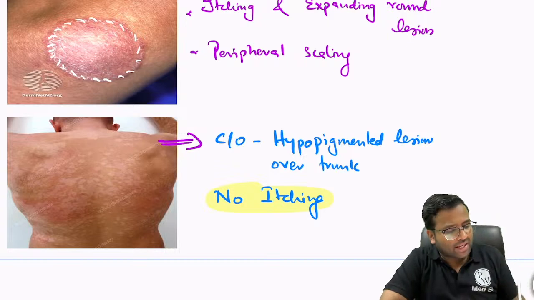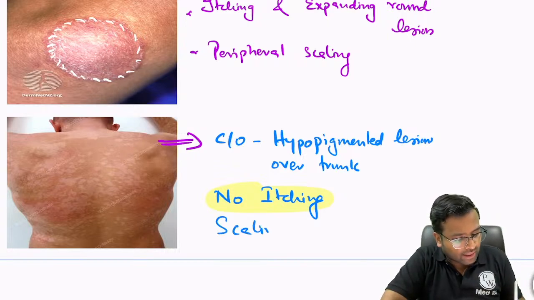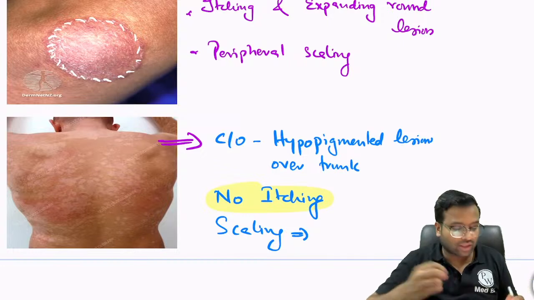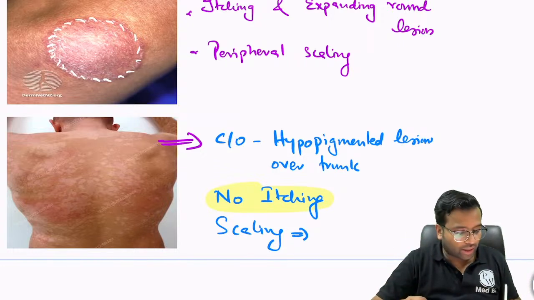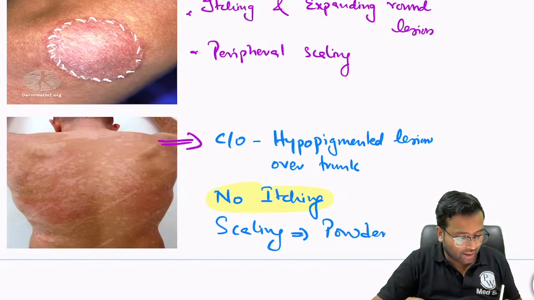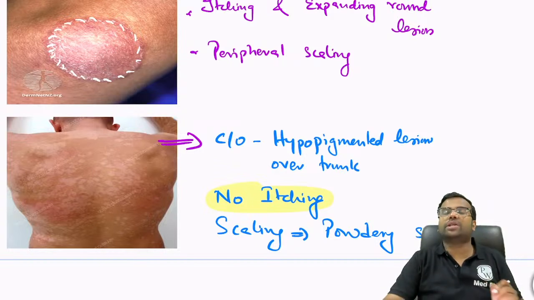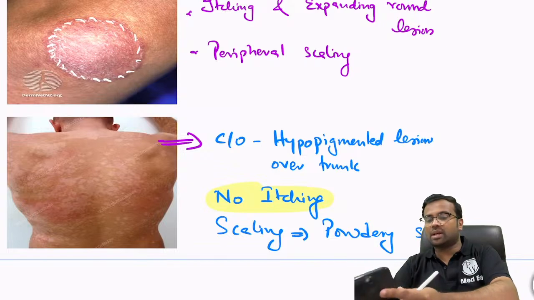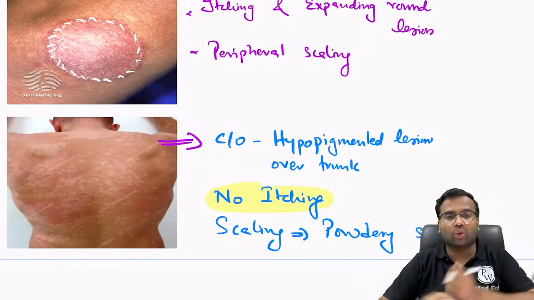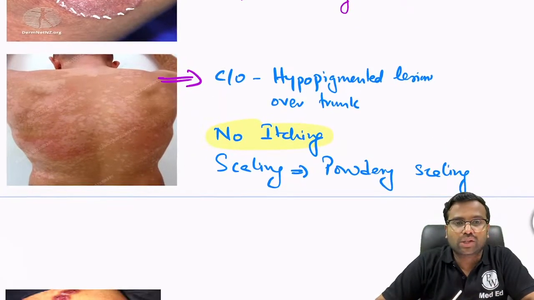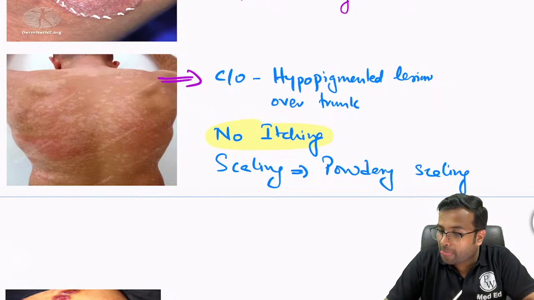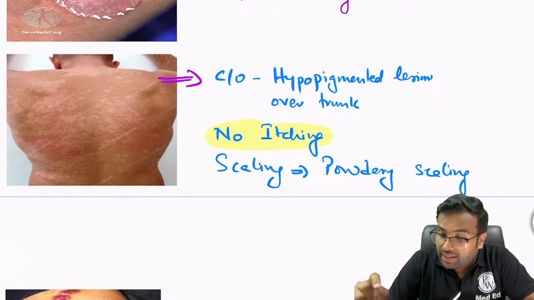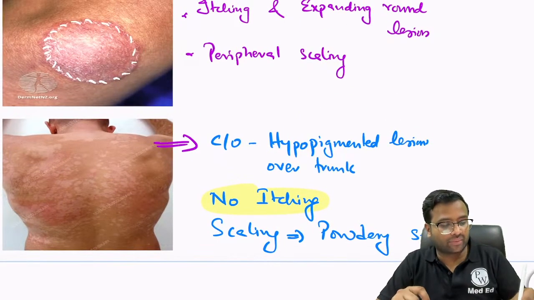Now what you can see is there is good scaling, and these kind of scaling is a fine powdery kind of scaling. Now what is this patient's diagnosis based on the clinical symptoms? Can anybody tell me what could be the diagnosis based on these clinical symptoms? Very good. Pityriasis versicolor. Excellent.